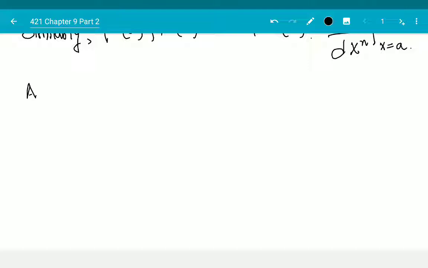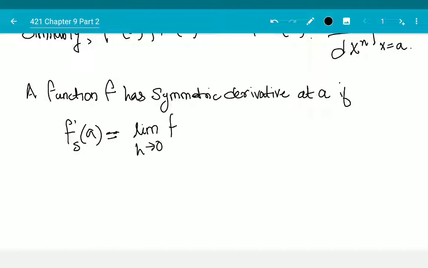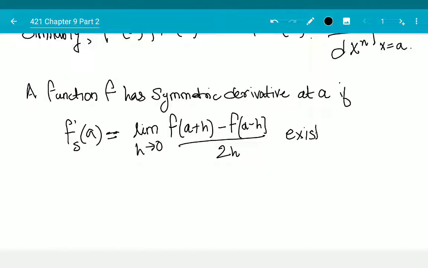A function f is said to have a symmetric derivative at a if f prime symmetric at a is equal to limit h goes to 0 of f of a plus h minus f of a minus h, all over 2h, exists. Okay.